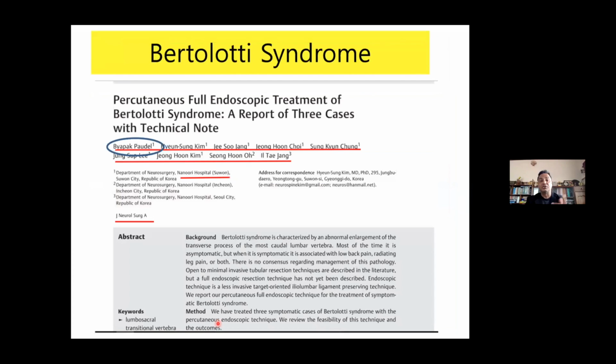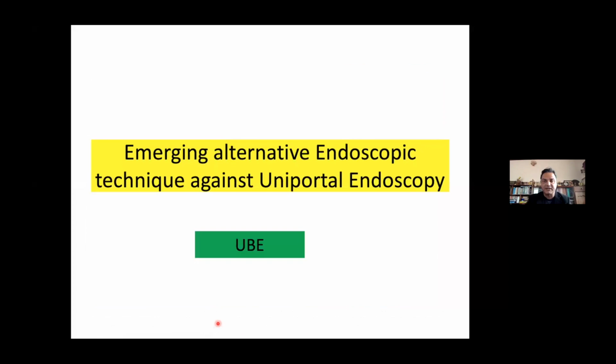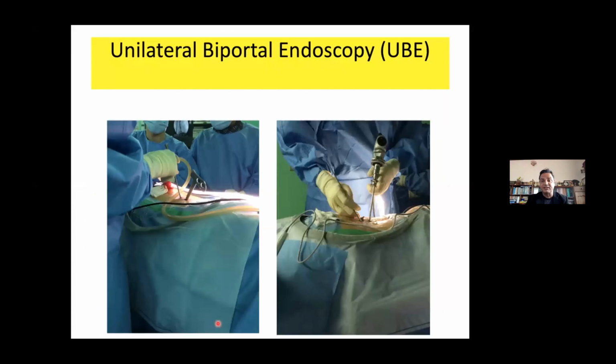We can also use it in Bertolotti syndrome. As we know, Bertolotti is the enlargement, the hypertrophy, of the transverse process, and sometimes we have pseudoarticulation with the pelvis. We can decompress this with endoscopic technique, and UBE is the emerging technique where you use two portals.